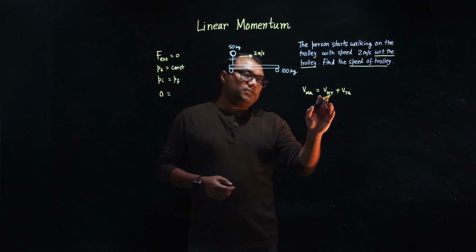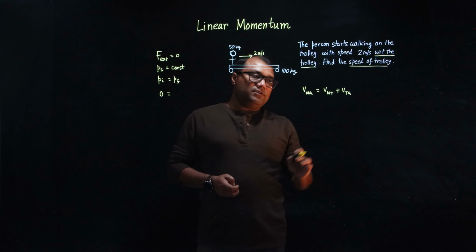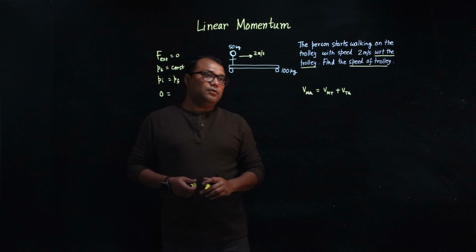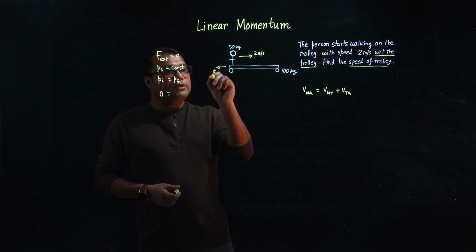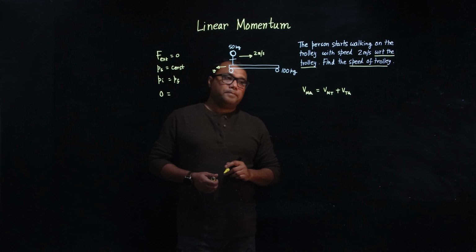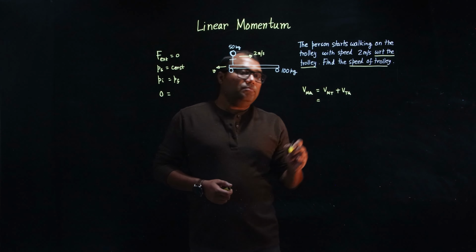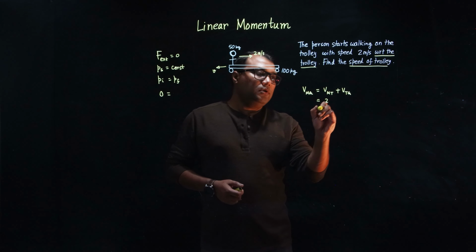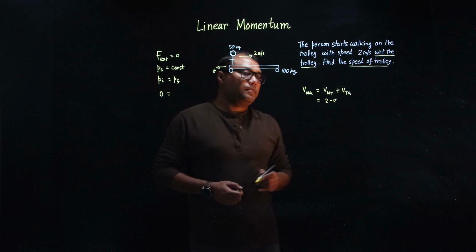Now we know the velocity of man with respect to trolley, and we have to find the velocity of the trolley with respect to ground. Let's say velocity of the trolley with respect to ground is v in the opposite direction. So the velocity of man with respect to ground becomes 2, because this is in the opposite direction, minus v.